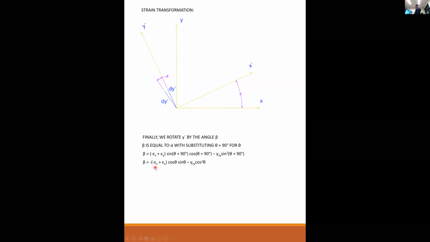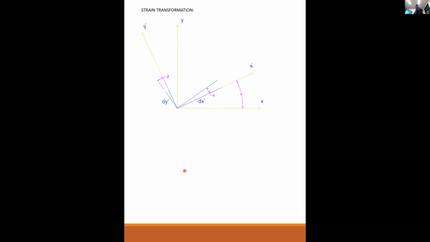So then we can simplify to minus epsilon x plus epsilon y cosine theta sine theta minus gamma xy cosine squared theta. So now we have alpha and we have beta. Alpha minus beta represents the shear strain gamma x prime y prime.